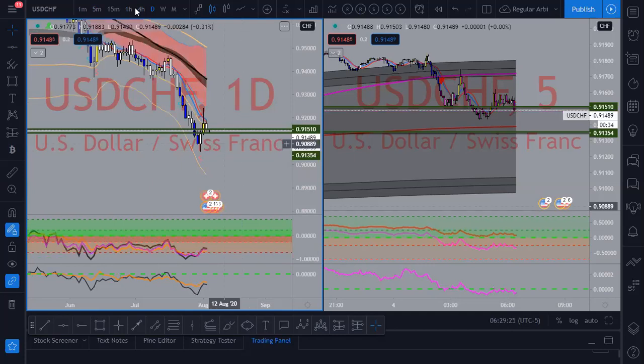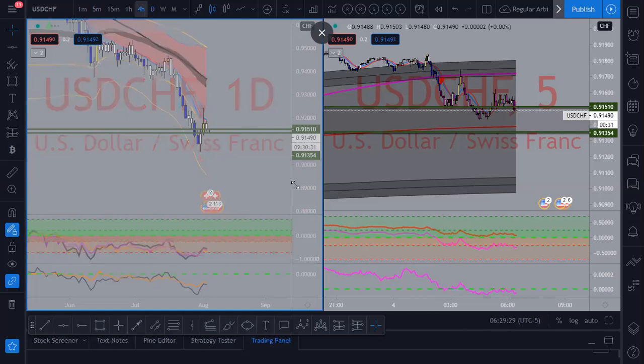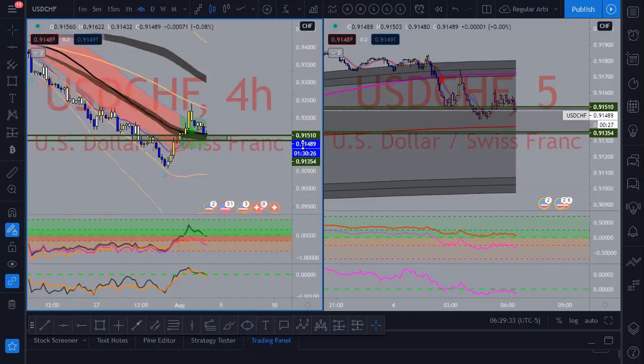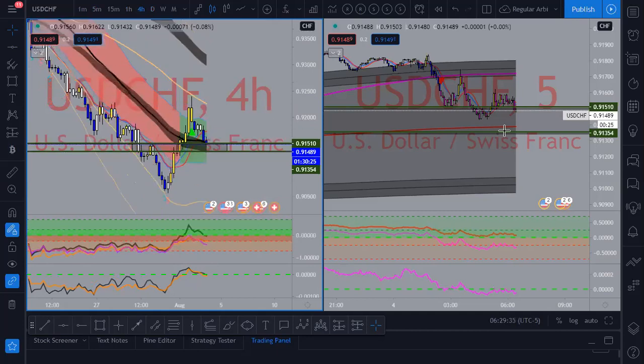you don't even want to look at the daily time frame because it's not even telling you to go anywhere near the buy. So as of right now, what I would suggest, if you are going to sell this, is to put a sell stop down over here at like 0.91400. That would be a safe sell stop for me personally.